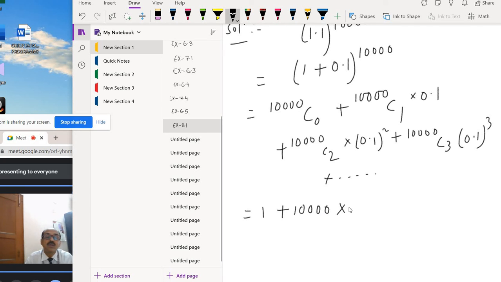Into 0.1, plus other positive terms, so all numbers are positive.